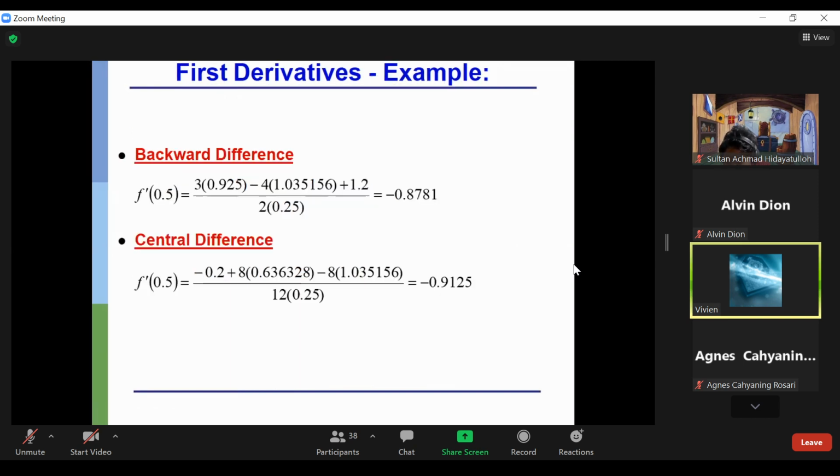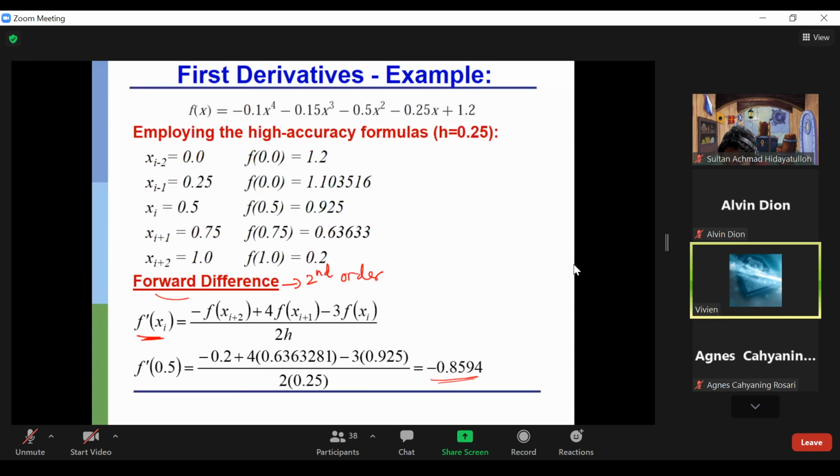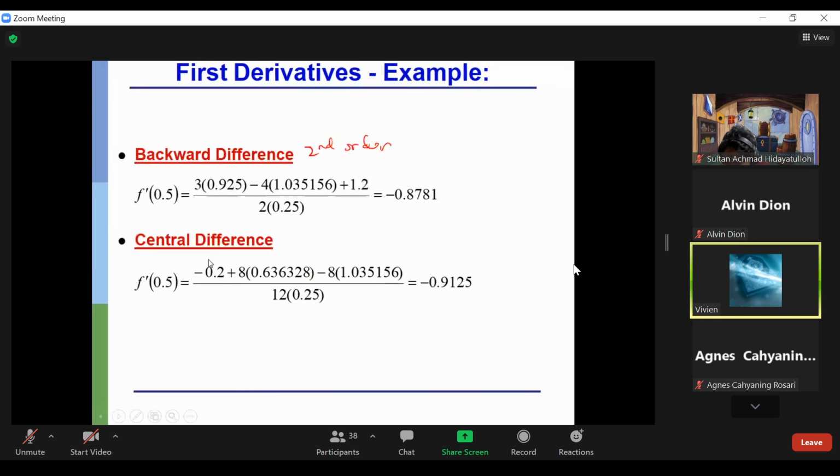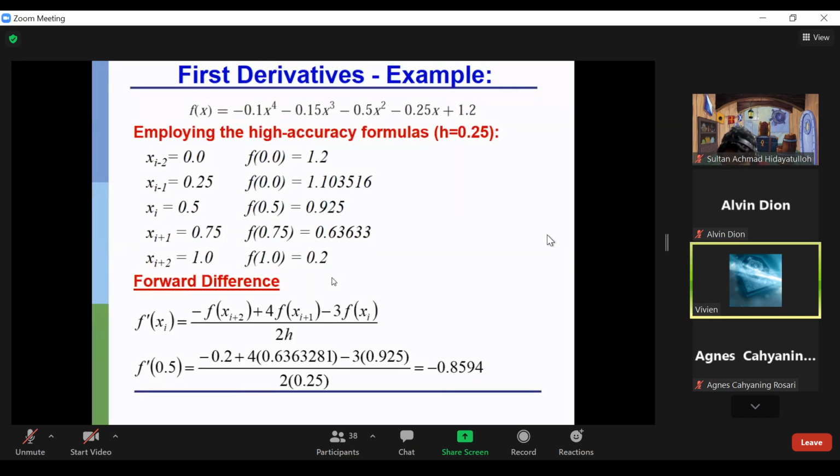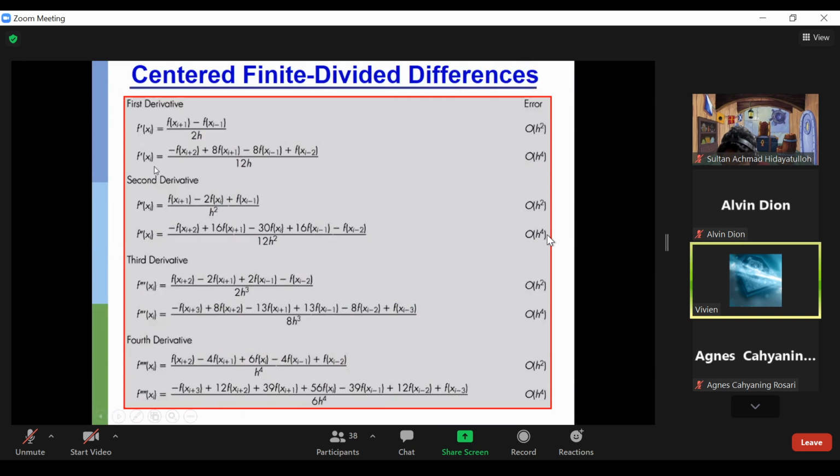And also the backward difference scheme. This one is also a second order scheme. And also we have this equation, which is minus 0.2 plus 8 times 0.6, taken from this equation.